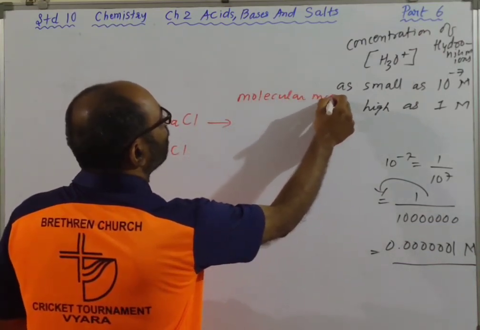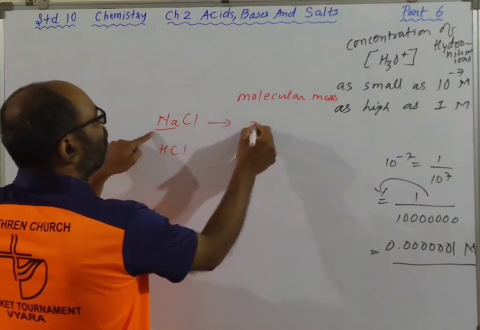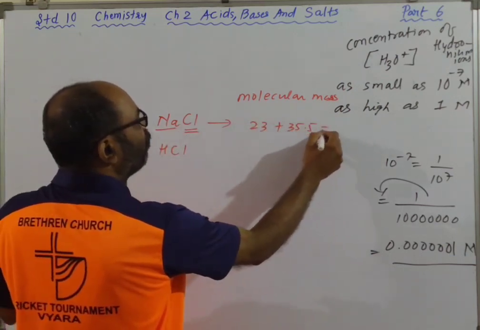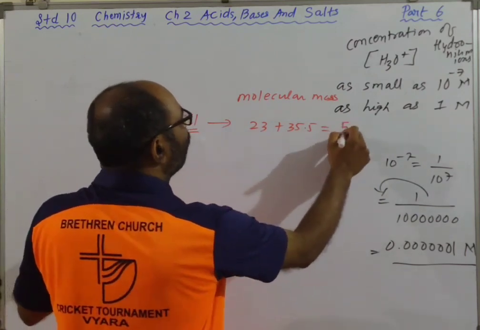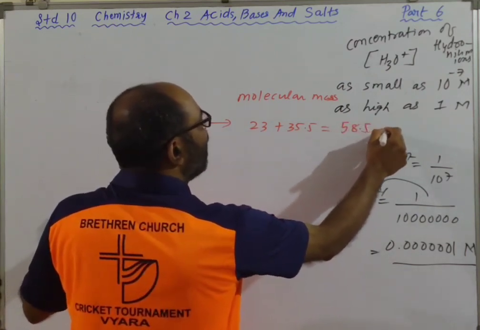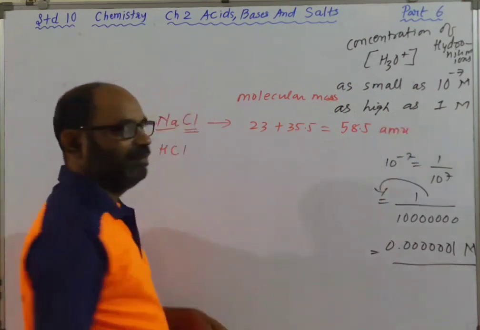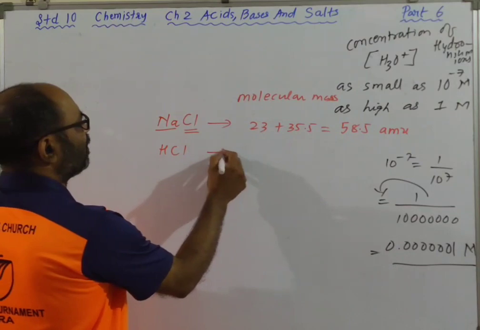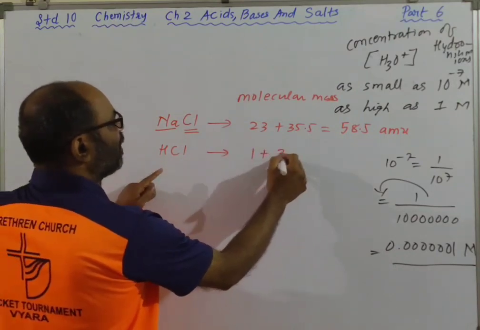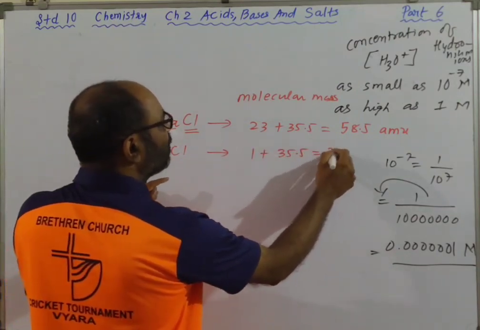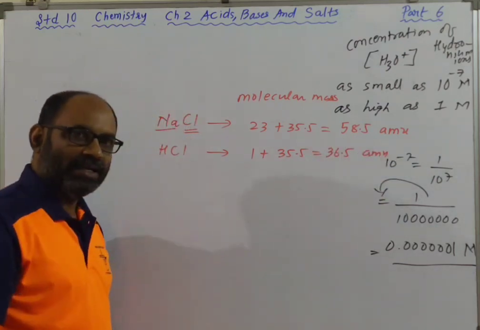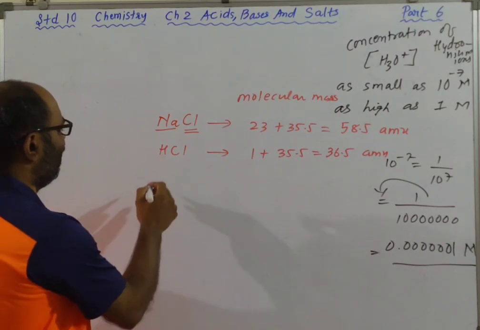Sodium is 23. 1 chlorine atom, that is 35.5. Add both. So you have 58.5 atomic mass unit. This is the molecular mass of NaCl. HCl: hydrogen is 1, Cl is 35.5. So that is 36.5 atomic mass unit. Or you may simply write unit. Alright, someone take another one.